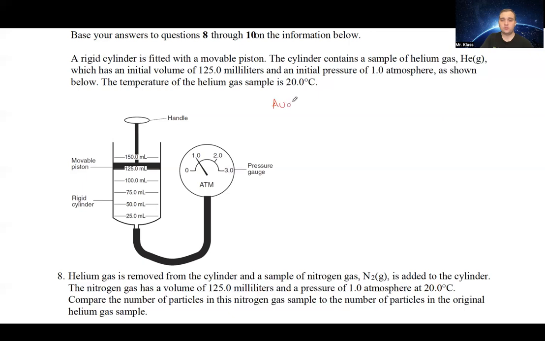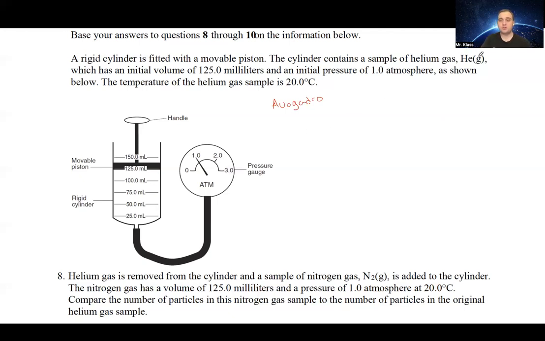We've heard of Avogadro when we look at Avogadro's number for calculating moles, molar masses, and things of that nature. However, Avogadro talked about gases as well. If the factors remain constant, especially volume, within a sealed container, then it's the same number of particles despite what type of gas is in there.